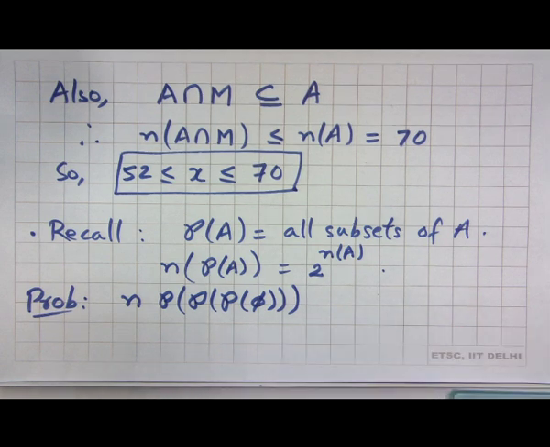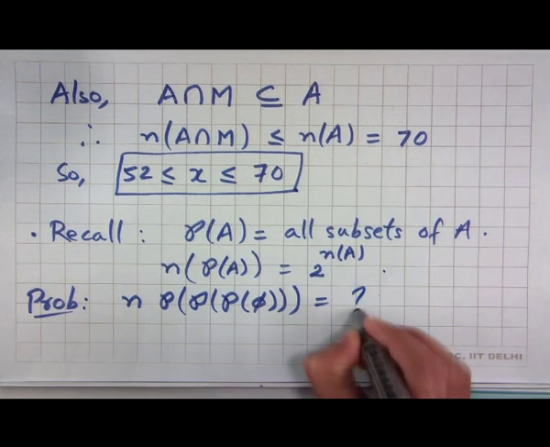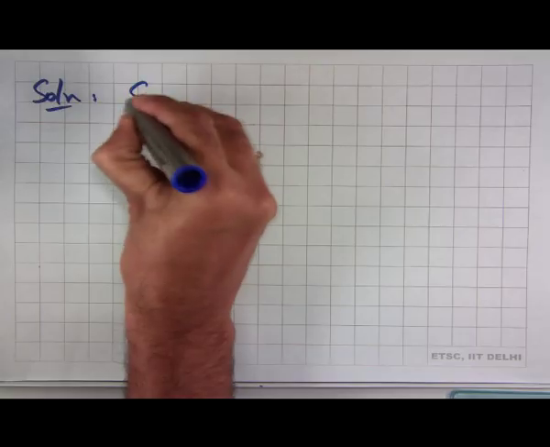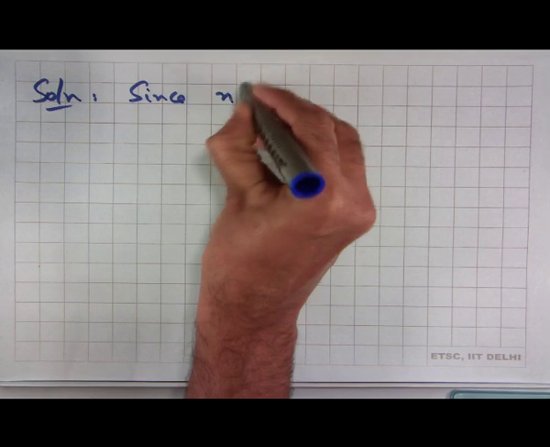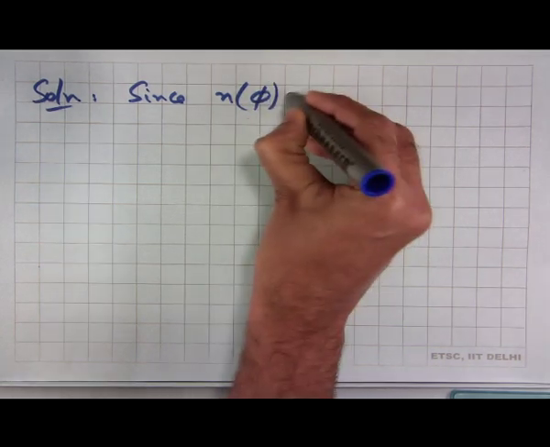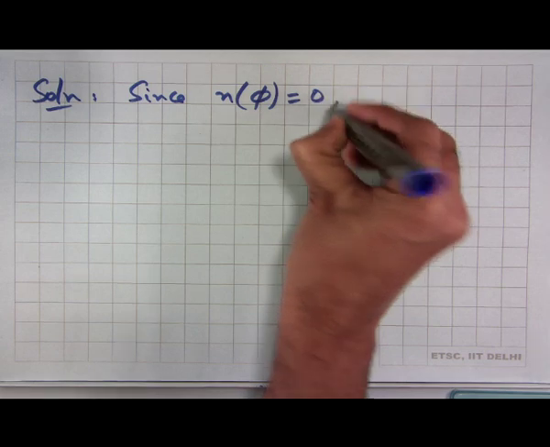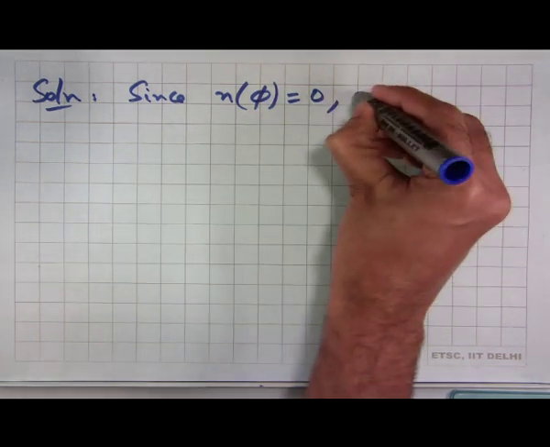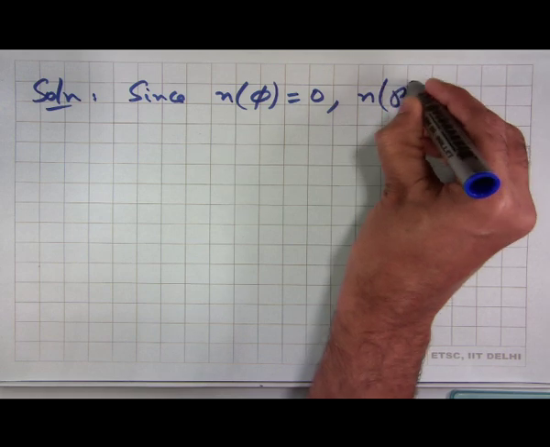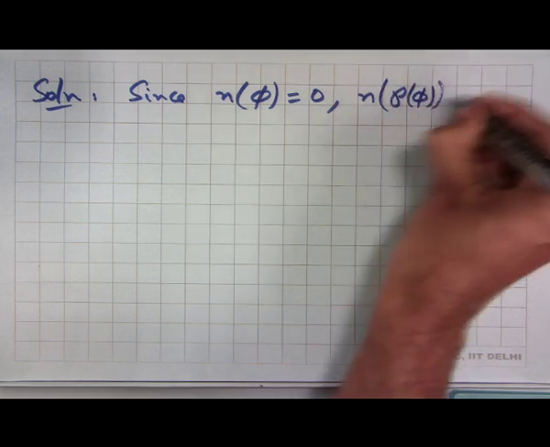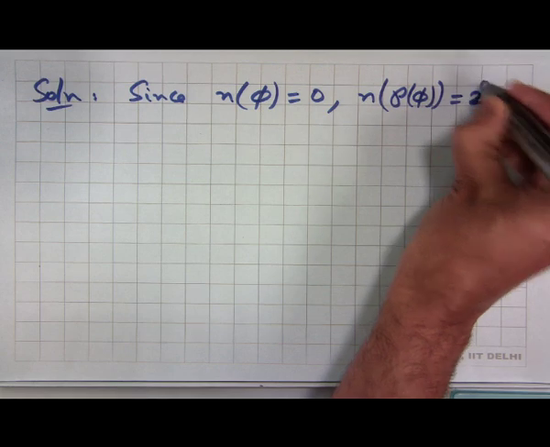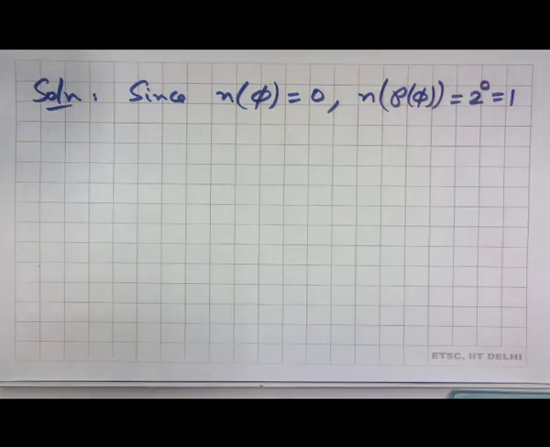So, first of all you have to know the number of elements in the power set of phi. So, this is equal to what? Since the number of elements in the empty set is 0, the number of elements in the power set of the empty set is equal to 2 to the power 0, which is equal to 1. Right. The empty set has only one subset, which is the empty set.